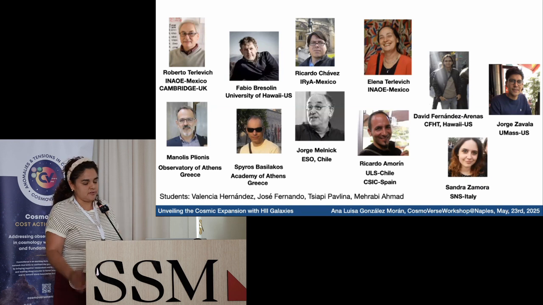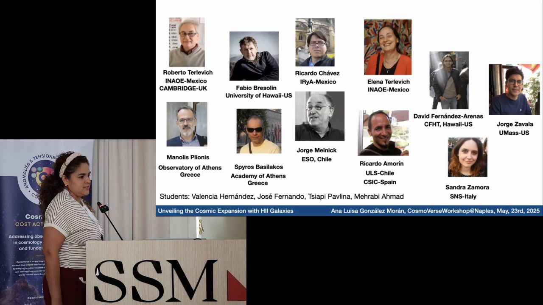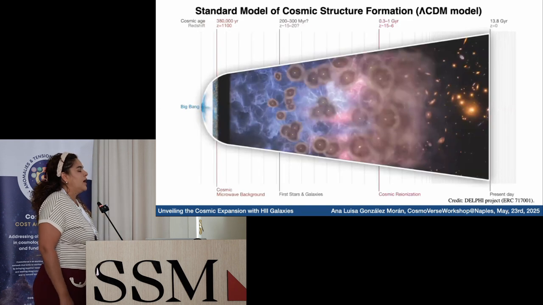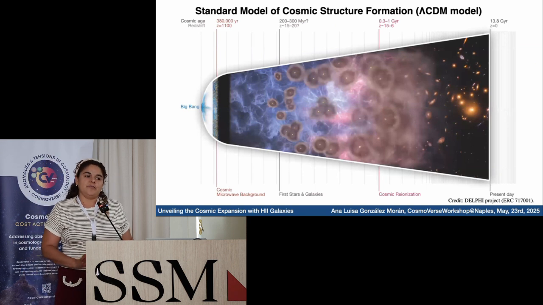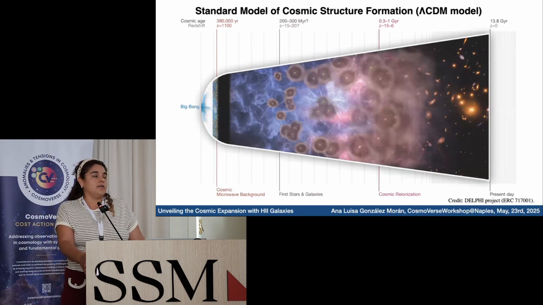And here you can also see other phases in the collaboration. As a very quick review, the standard model of cosmic structure formation, or the Lambda CDM model, explains the history of our universe as a succession of epochs characterized by their expansion rates.